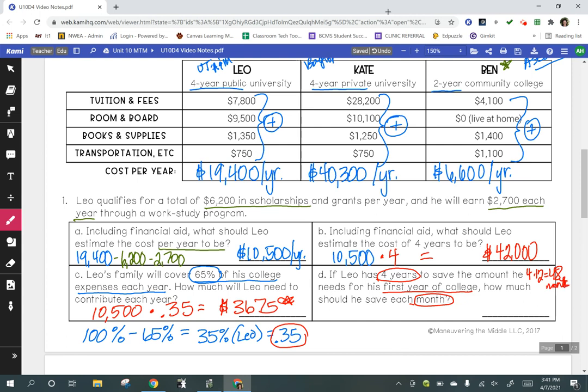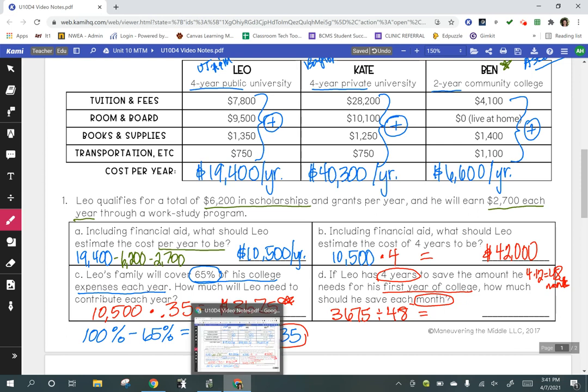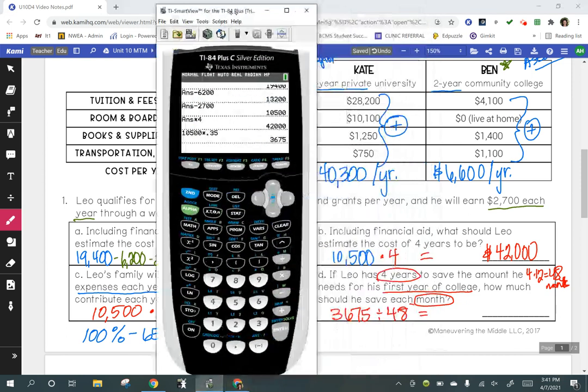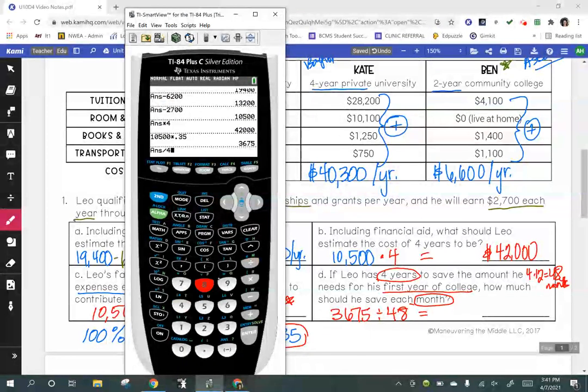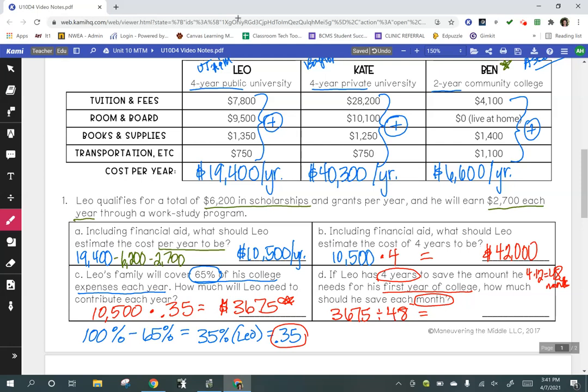So I know I'm going to take $3,675 and I'm going to divide it over 48 months. When I take that $3,675 and divide it over 48 months, that means Leo needs to at least save $76.56 per month. 56 cents per month for 4 years.